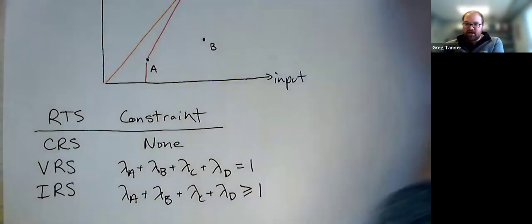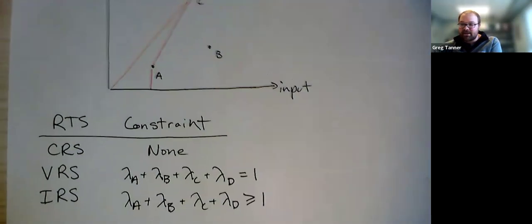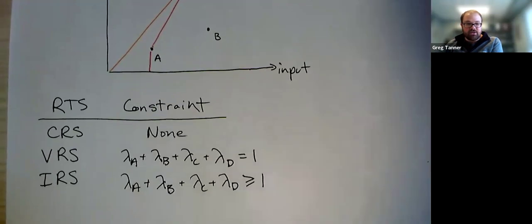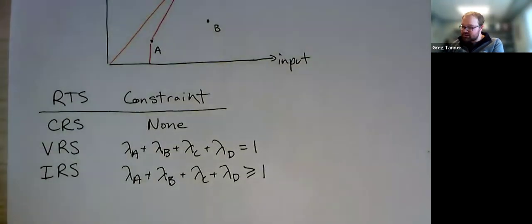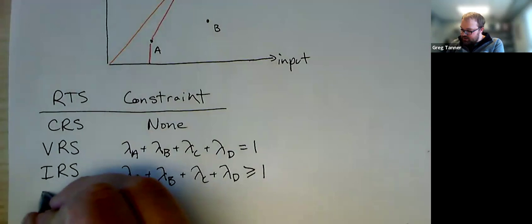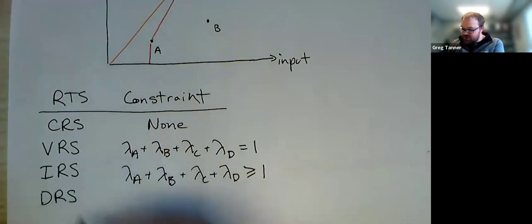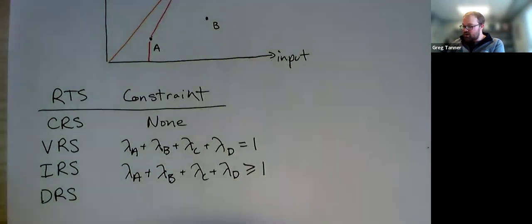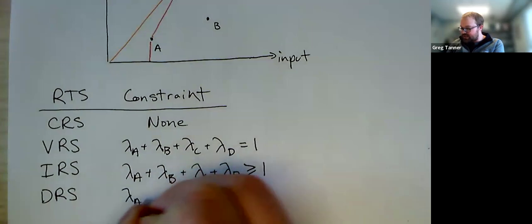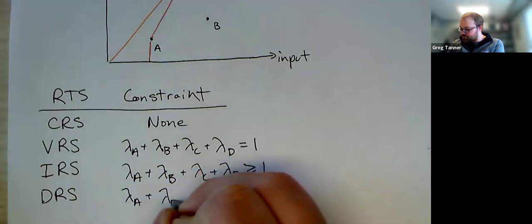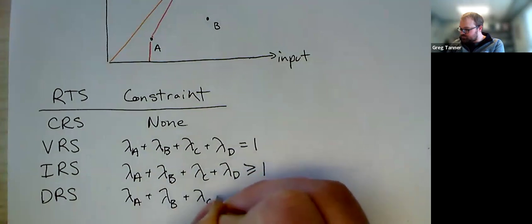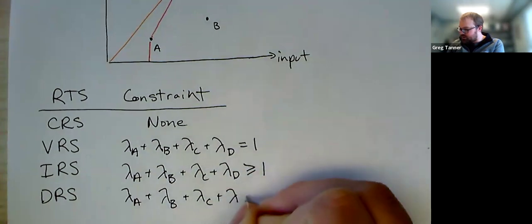So if you think that it's fair in your scenario to scale up but not scale down, you'd use increasing returns to scale. There's also the opposite, which is decreasing returns to scale, where you're allowed to scale things down but not up to create your target efficient DMU.